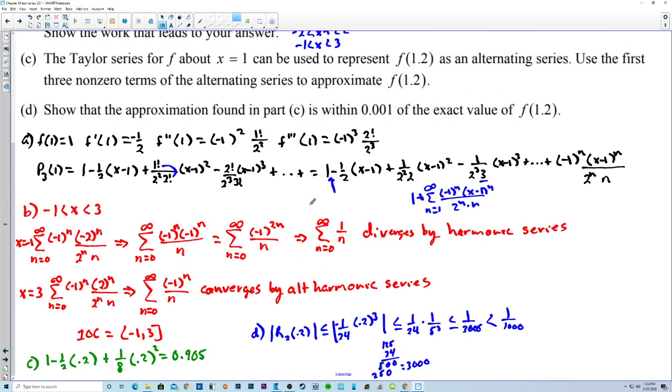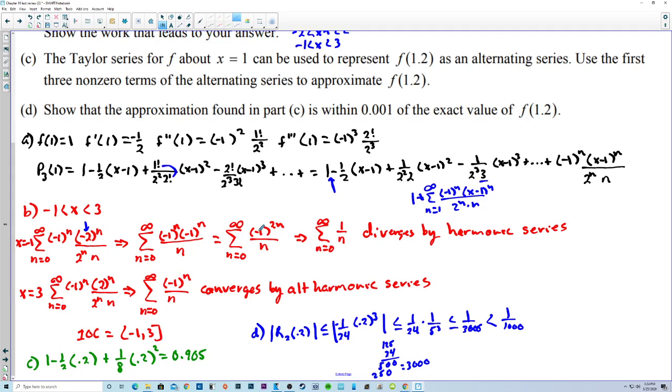So now we have to plug negative 1 into the general term. When we plug negative 1 in right here, we get negative 2. Now, negative 2 to the n over 2 to the n is negative 1 to the n. Negative 1 to the n times negative 1 to the n is negative 1 to the 2n. When you have the same bases, you add the powers.